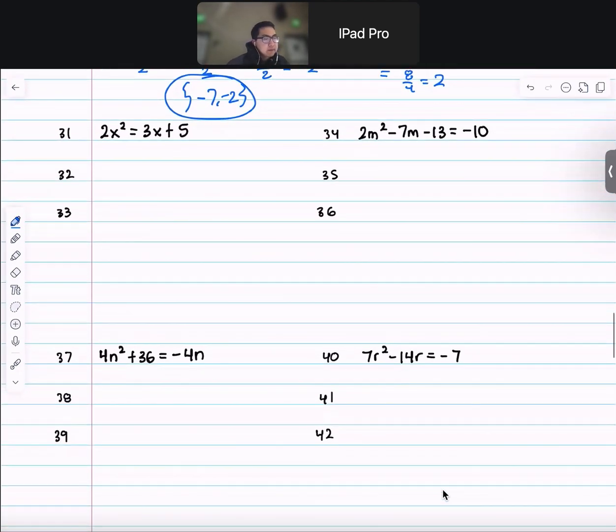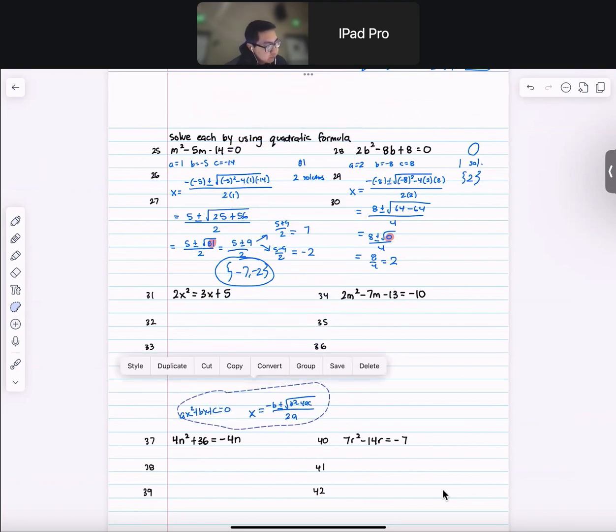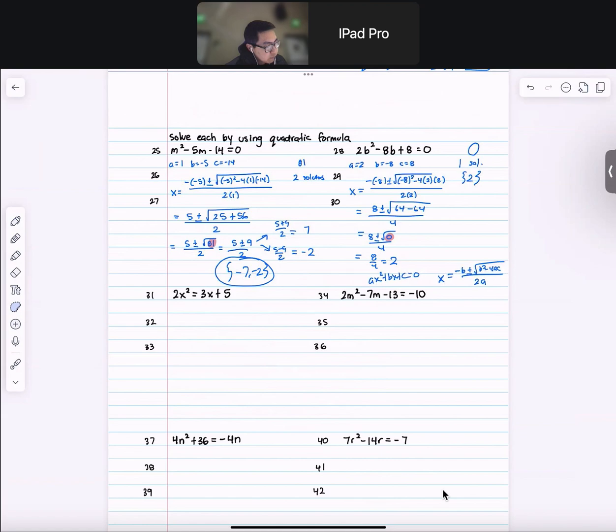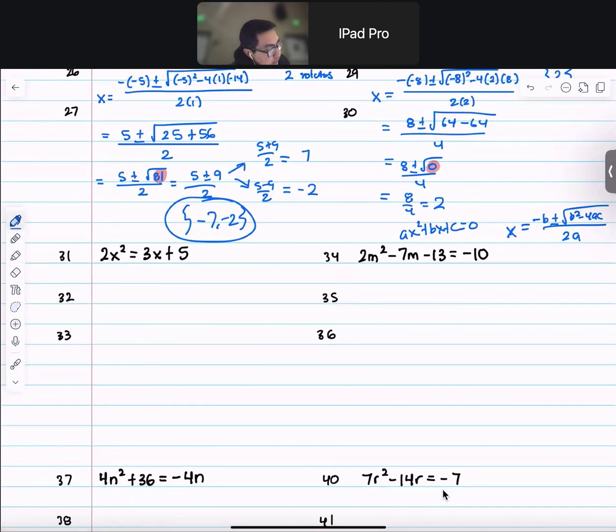Next one. So again, I'm probably just going to drag this along. Now remember, again, the equation better be ax squared plus bx plus c equals 0.